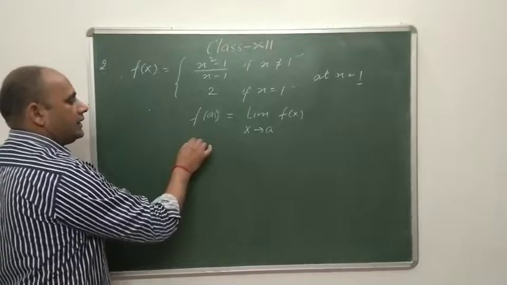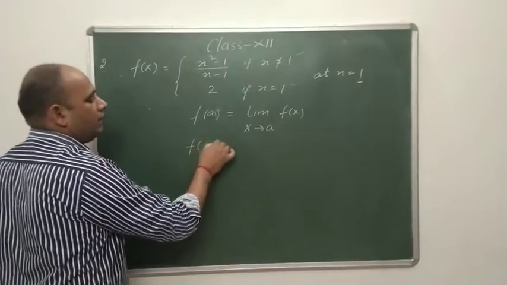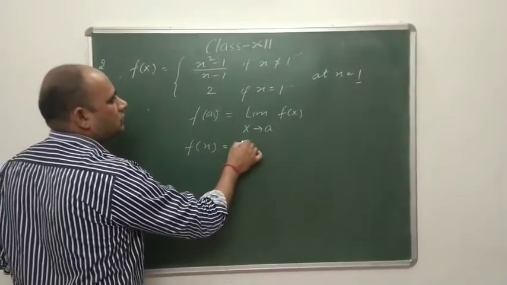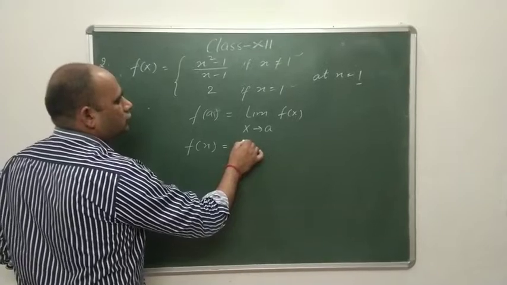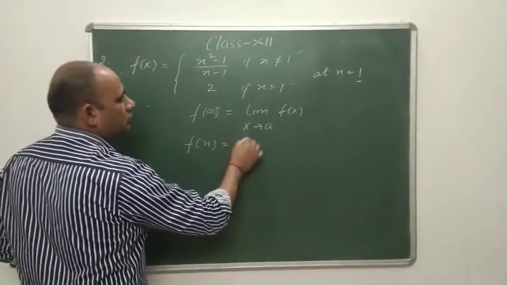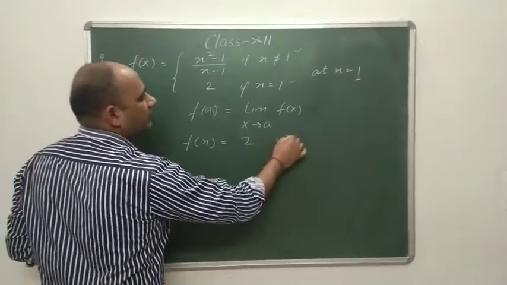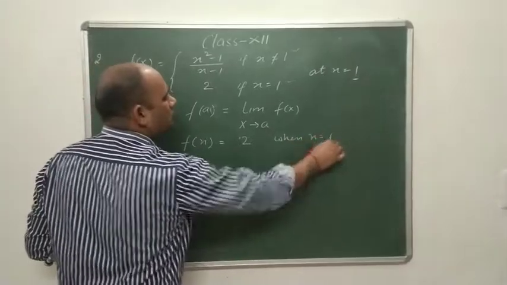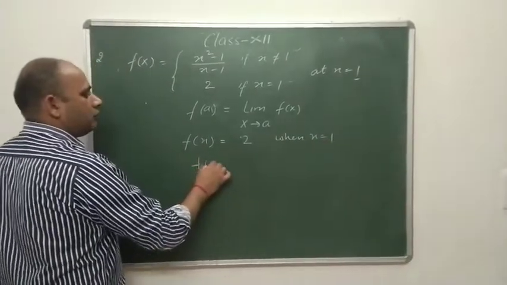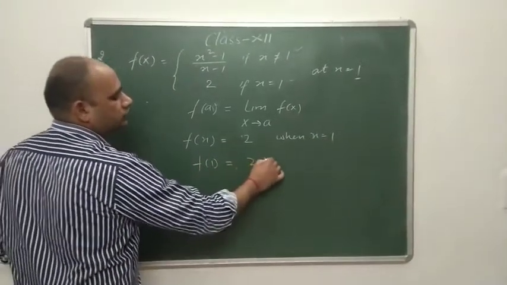First we will find f(1). f(x) is 2 when x is equal to 1, so f(1) is also 2.